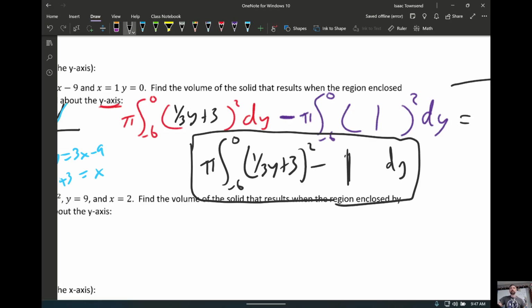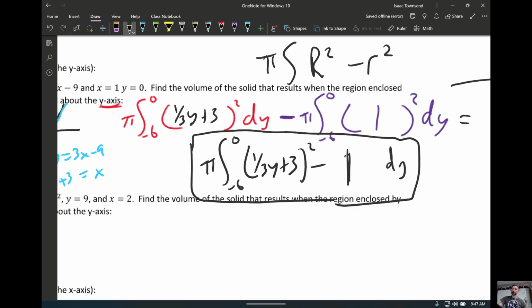The other nice thing about this is these washer questions always have this format. They will always be integrate pi big R squared minus little r squared. The big radius always needs to go first because it's giving you the full volume if nothing's missing, and then subtract the small radius, which is where you're subtracting the volume that's not really there.